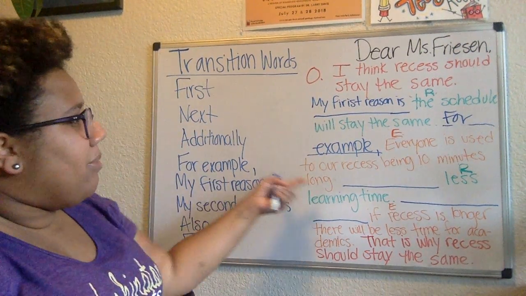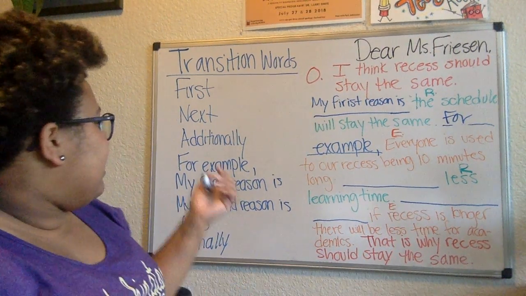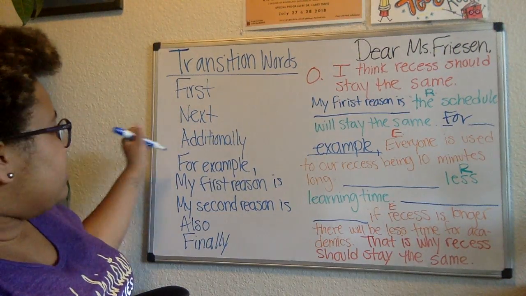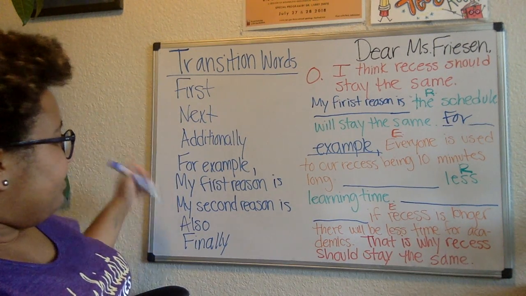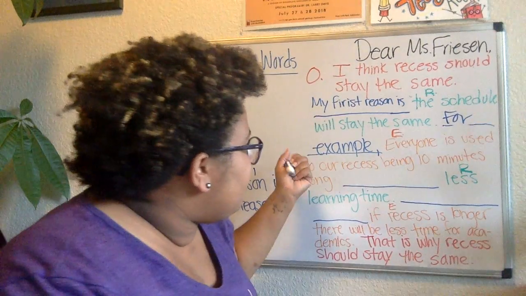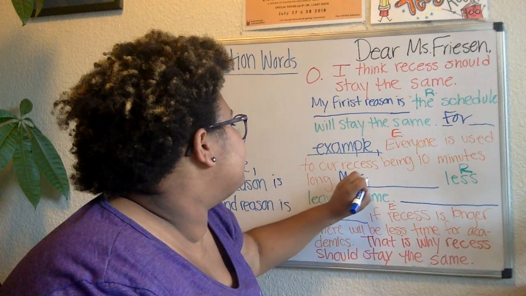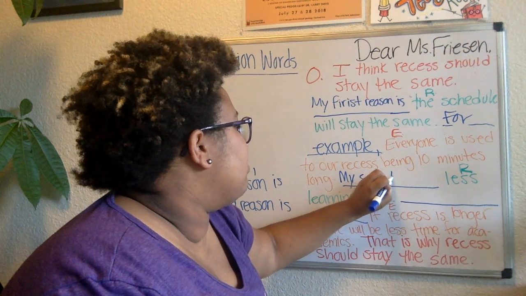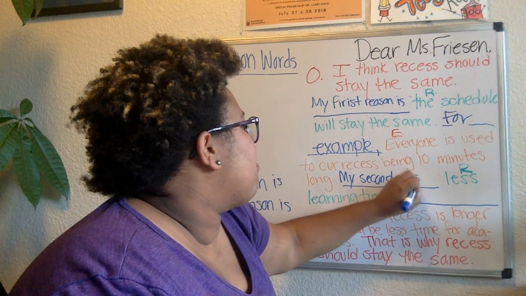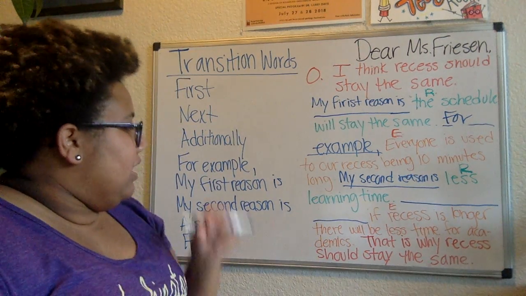So now I'm going to put in another transition word just before my second reason. I could say additionally, next. My second reason is, since I put my first reason up there, I'm going to say my second reason down here. My second reason is less learning time.